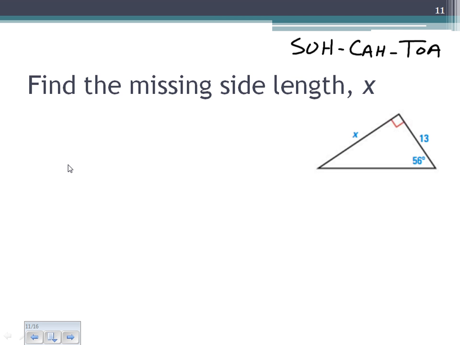So which angle are we going to look at here? 56?